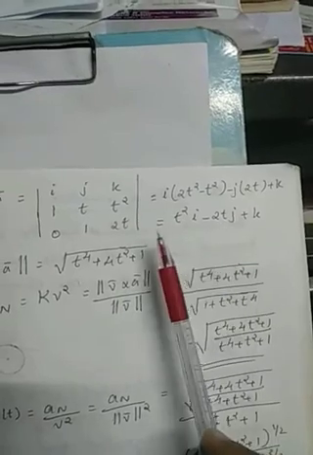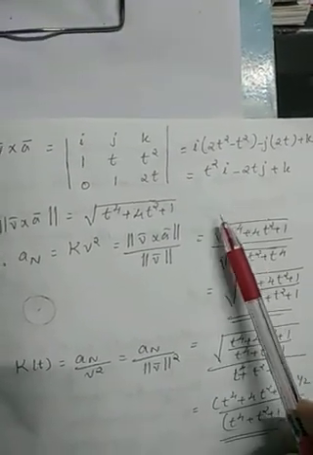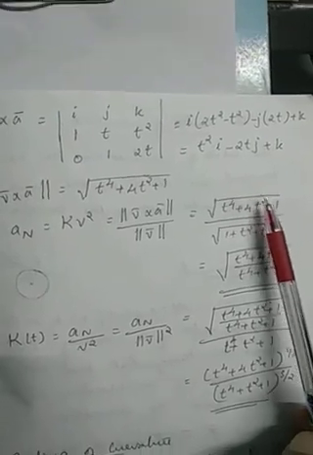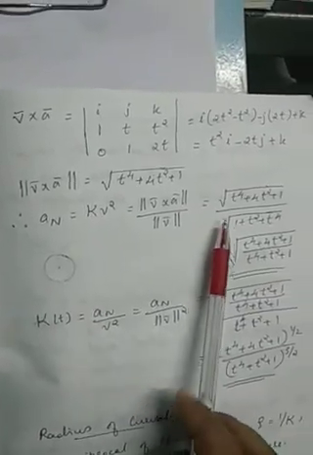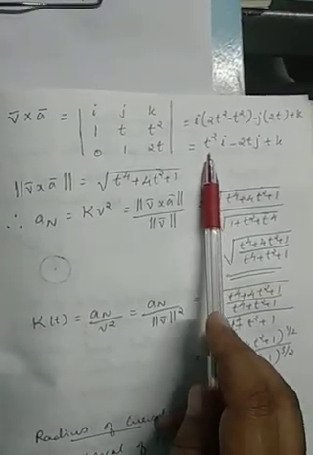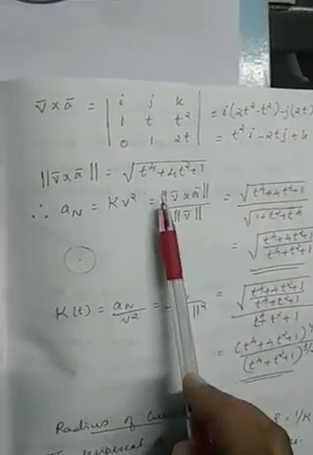Now, expanding this determinant and simplifying, we get t square I minus 2tj plus k. So, that is V cross A. So, norm of V cross A is equal to square root of t raised to 4 plus 4t square plus 1.